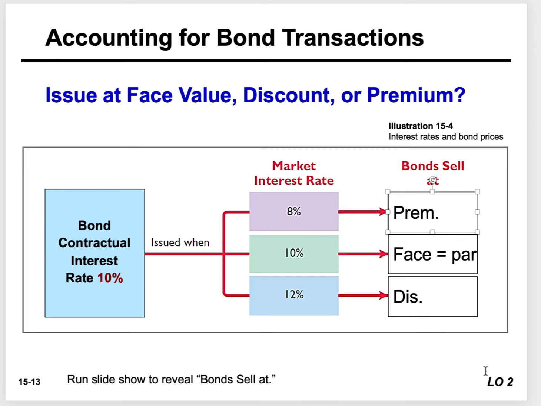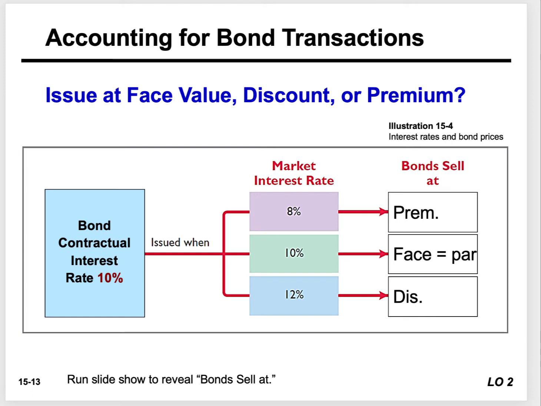When bonds are sold at a premium, what does that mean? That means that the stated rate or the contractual interest rate on that bond is higher than the market interest rate or the effective rate. In this case, we have a new account. Whenever we have an issuance at a premium, we need to credit a new account.